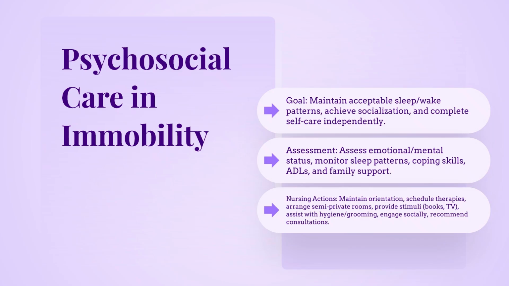Psychosocial care. We want to maintain their sleep-wake patterns. We don't want them waking up at 1 o'clock in the afternoon and going to bed at 1 o'clock in the morning. We want to try and keep it as normal as possible for them. We want to encourage that independence and socialization. So we're going to keep an eye on their emotional and mental status, monitor their sleeping, ask the doctor for something for sleep if we need to, and we're going to get the family in there to help support them emotionally.